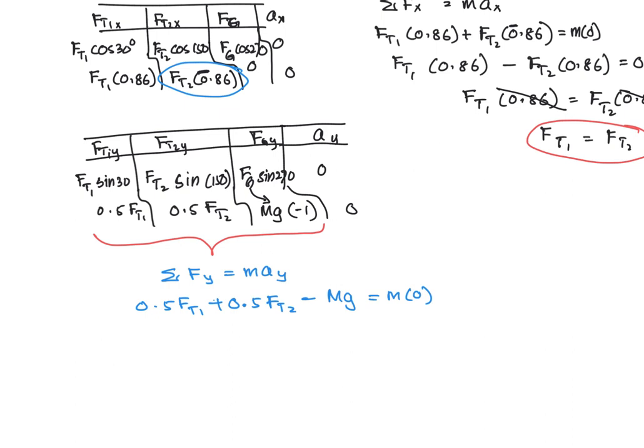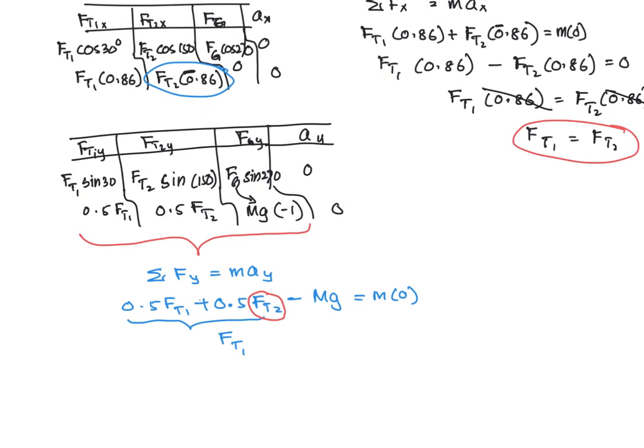So 0.5 FT1 plus 0.5 FT1, these two together make a whole FT1. Why do I say that? Because we know that FT1 and FT2 are the same, so I substituted FT1 for FT2. So you have 0.5 FT1 plus 0.5 FT1.